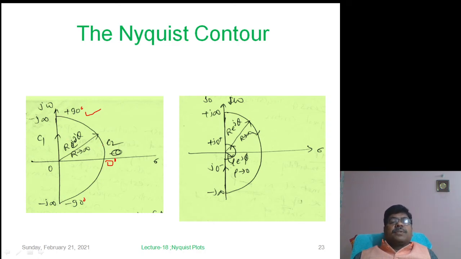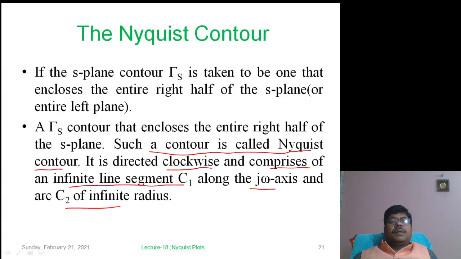So, this is the Nyquist contour. Such a contour that encloses the entire right half of the S plane is called the Nyquist contour. Here, segment C1 is an infinite line along the j omega axis, meaning the imaginary axis, and arc C2 has infinite radius. So, this is the Nyquist contour.